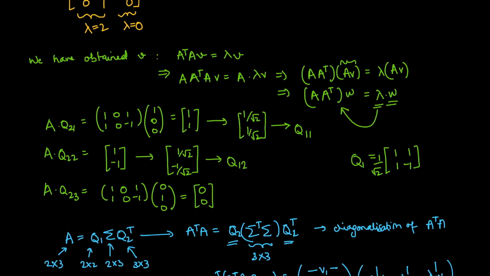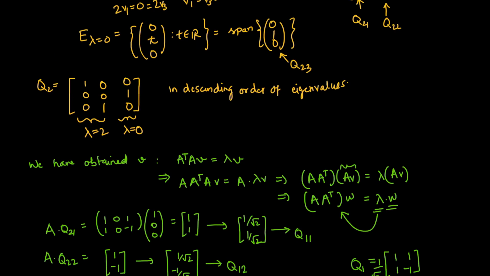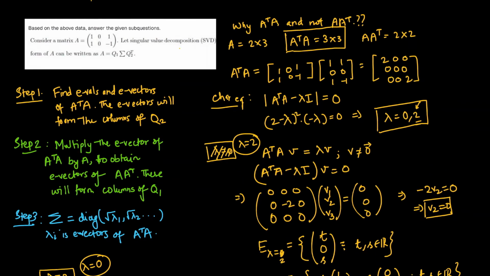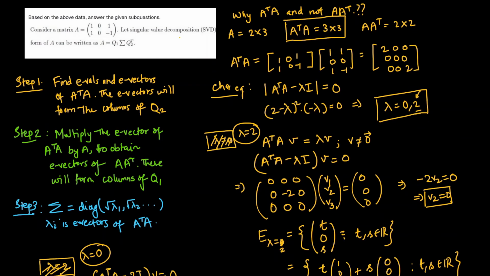Before that we obtained Q1 and we also obtained Q2. So to summarize, we start with finding Q2 as the eigenvectors of A transpose A, and then we multiply each eigenvector by A to obtain the eigenvectors of A A transpose.